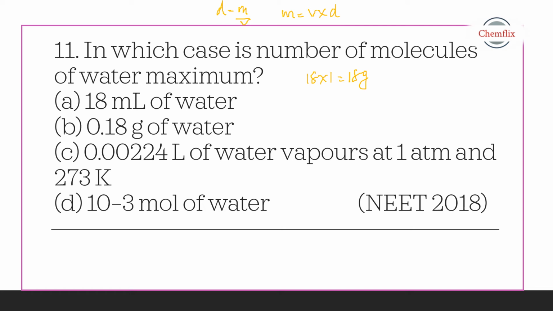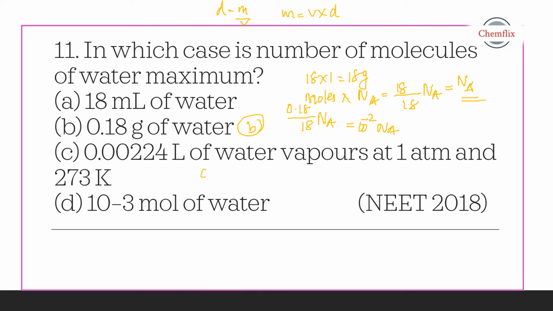Molecules of water is equal to number of moles into Na, which is equal to 18 divided by 18 Na, that is equal to Na. Now option B, 0.18 gram of water, you will get 0.18 divided by 18 Na, that is equal to 10 to the power minus 2 Na.